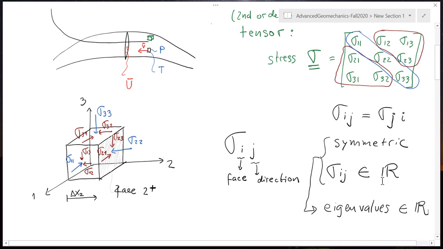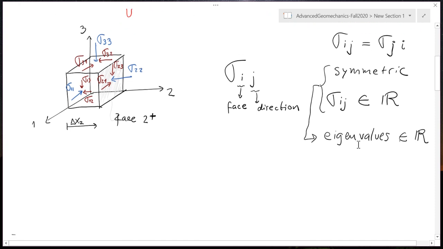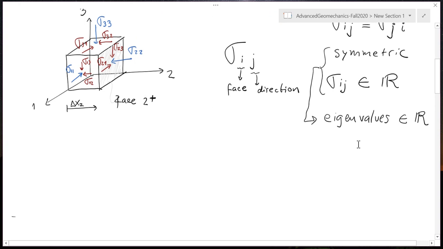I don't know if you remember from linear algebra what these eigenvalues are, but these eigenvalues are characteristic values of a matrix, and these are going to be three numbers. So for any symmetric matrix, we're going to have real eigenvalues and real eigenvectors, and in mechanics what that is called is the principal values and the principal directions.